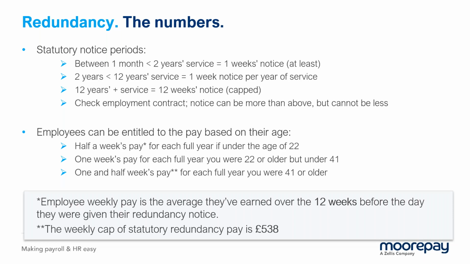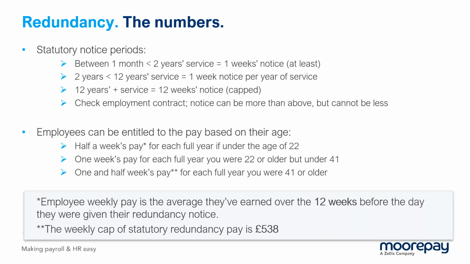The employees can also be entitled to pay based on their age. So if the employee is under 22 years old, the employee would be entitled to 0.5 week's pay for each year of service within this age bracket.